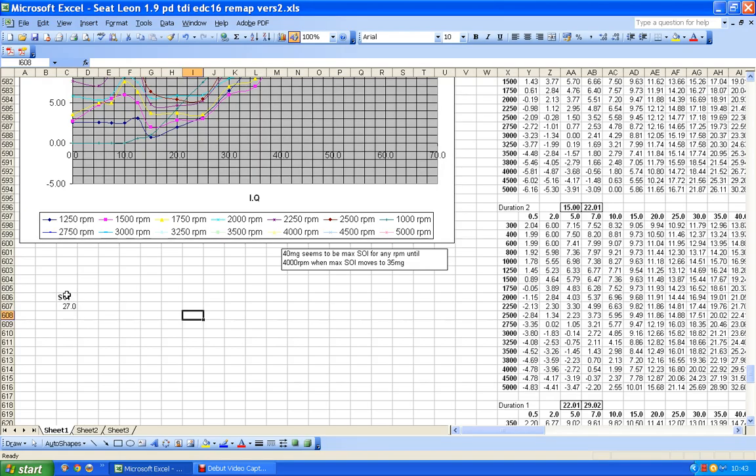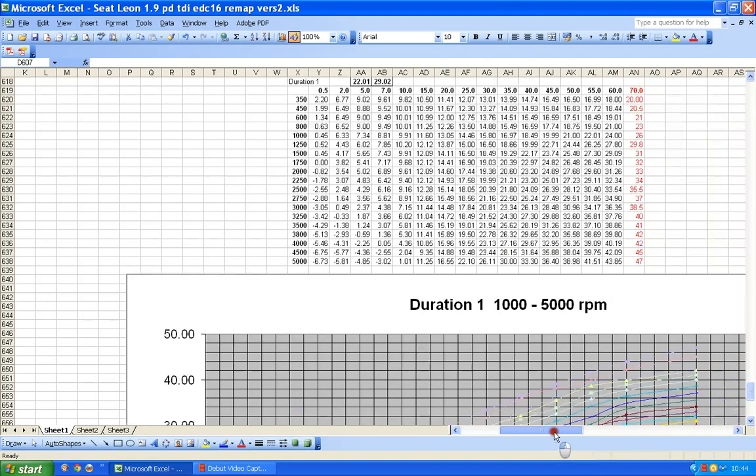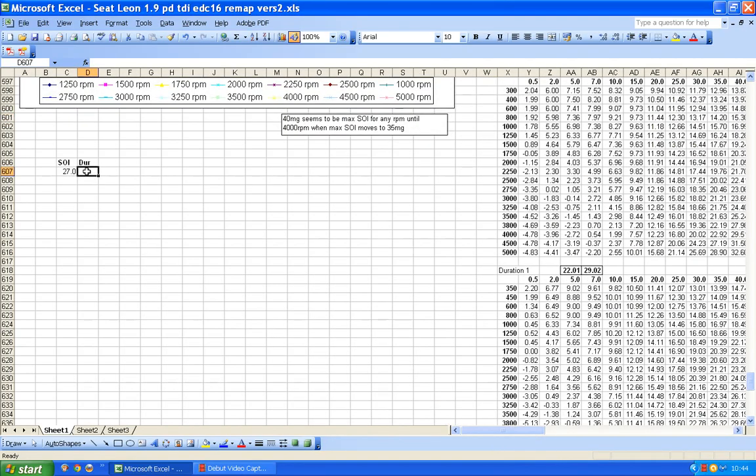So we're going to have our start of injection point of 27, and we know that that's going to give us a duration value which we just saw over here, 43.85. So we're going to have a duration of 43.85 degrees in there. Oh no, I'll make that 2 decimal points.